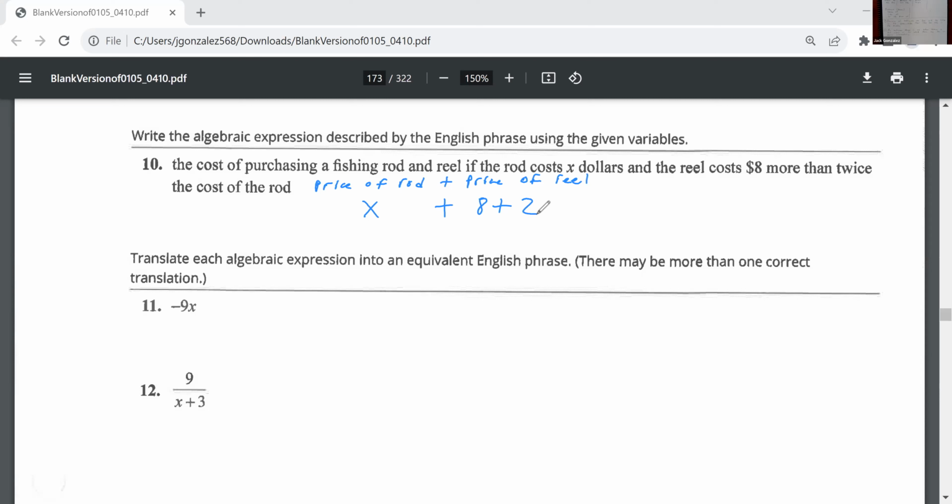And what is the price of the rod? Parentheses don't do anything, I'm just emphasizing this item and that item. Combine like terms though.